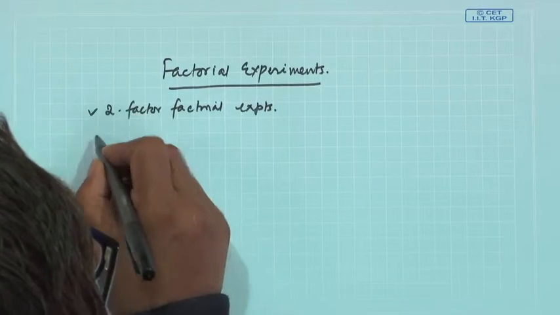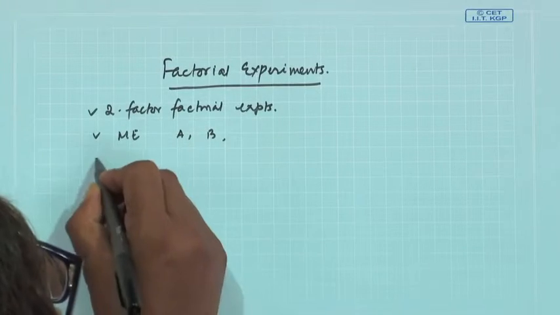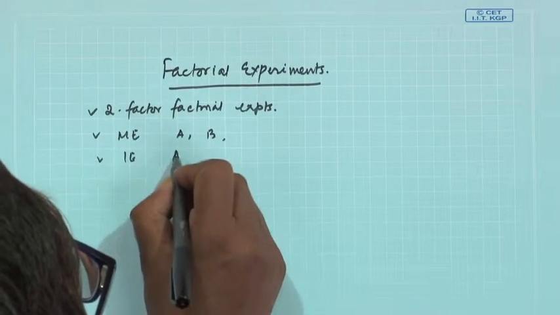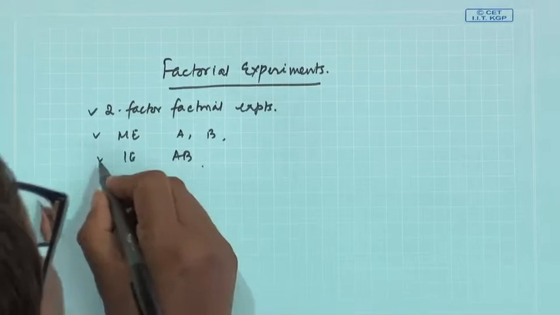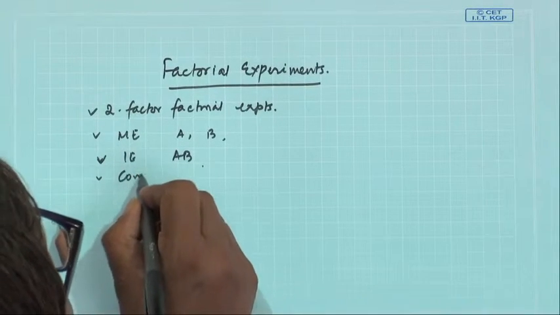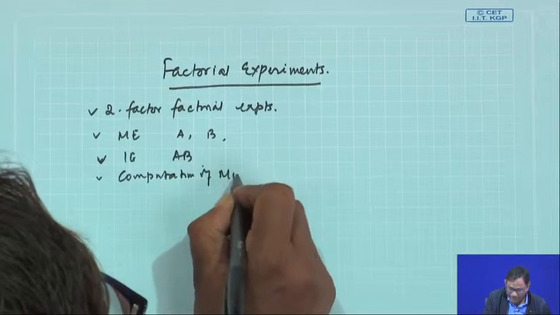We discussed the main effects A and B, the interaction effect AB, and the computation of main and interaction effects (ME and IE).